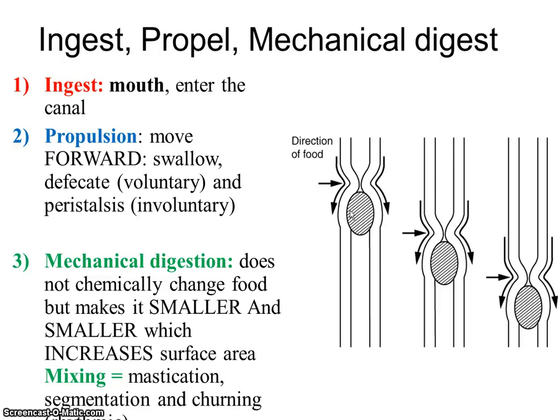What this, again, technically does is increase the surface area, as I state here, so that means that there's more ability for the chemical digestion to work, all right? So examples of this mechanical digestion are things like mastication, chewing, segmentation, and churning, right, which is what's going to happen in our stomach and small intestine.